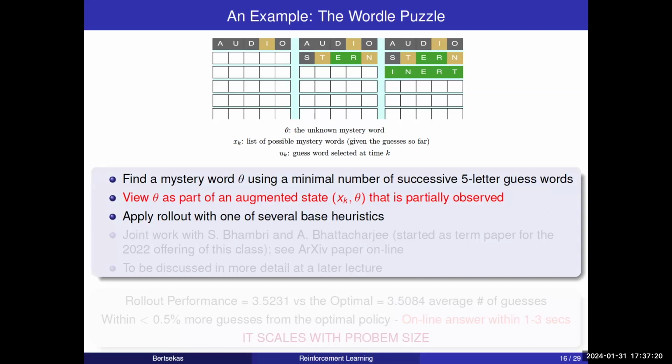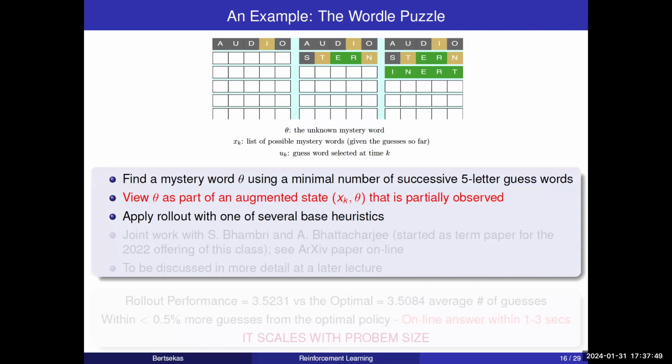It's the most successful heuristic. There are also other heuristics. For example, one considers all possible guess words and tries to minimize the length of the mystery list. So you have 2,500 words, then it shrinks down to 1,000, and then you look at various guesses, and for different guesses you can figure out the size of the next mystery list.